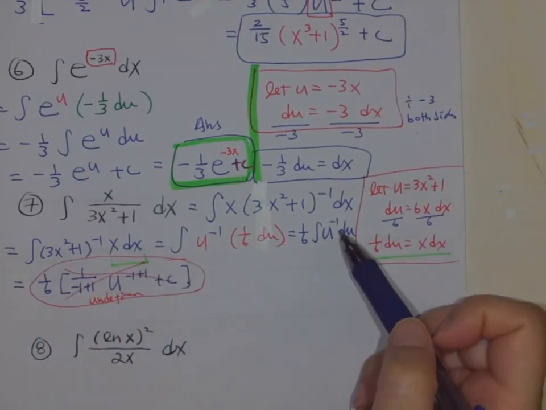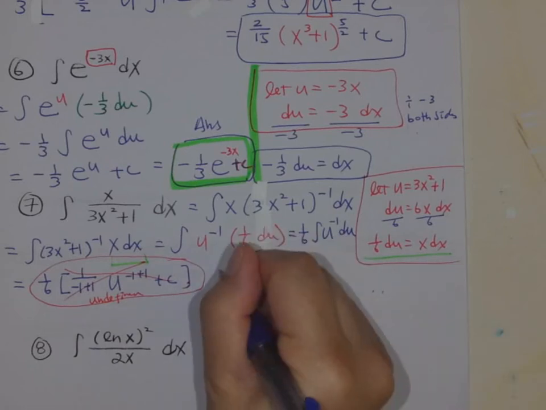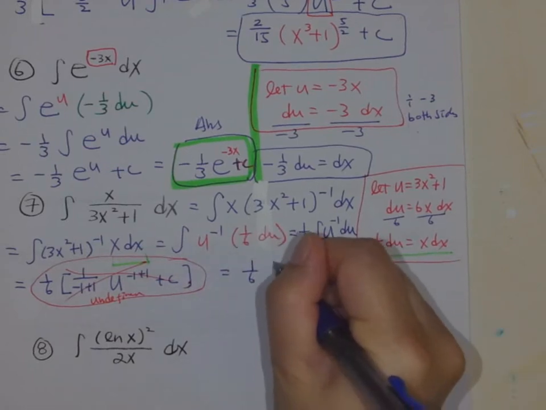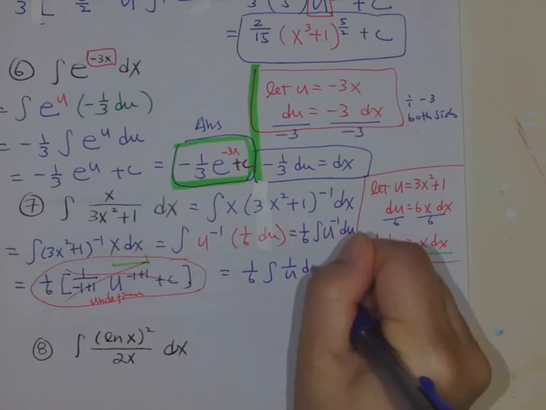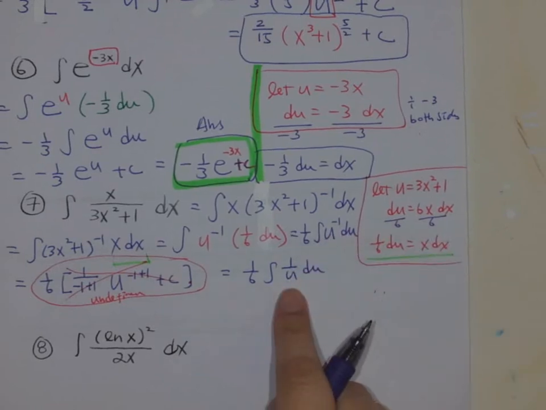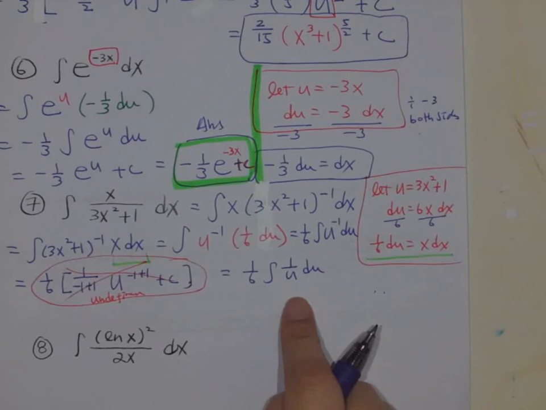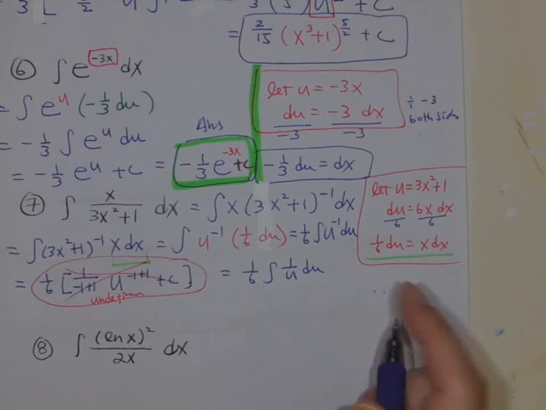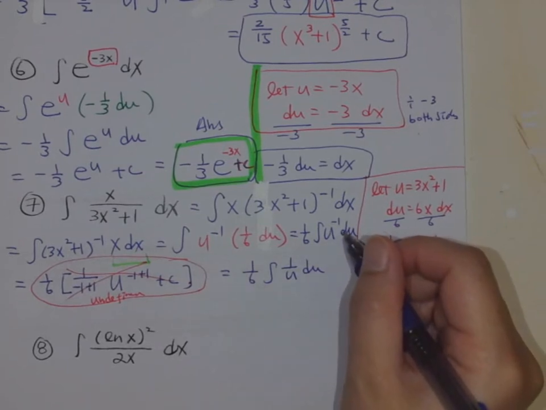But remember, if it's like 1 over u, that's a special one, right? So if we have 1/6 of 1 over u du, this is actually ln, right? So this is one of the ones that a lot of students get confused because they forgot this is ln. So this is just to the -1 power.